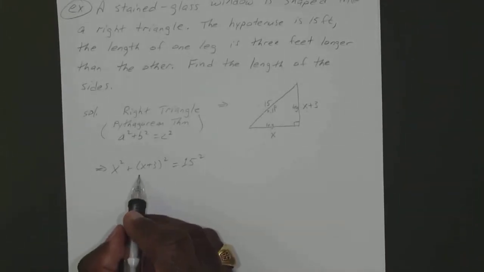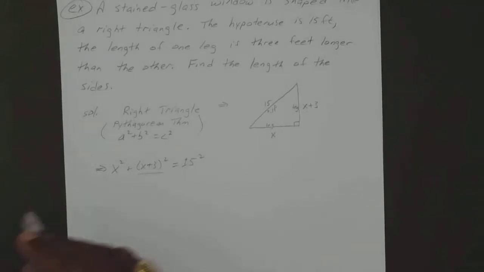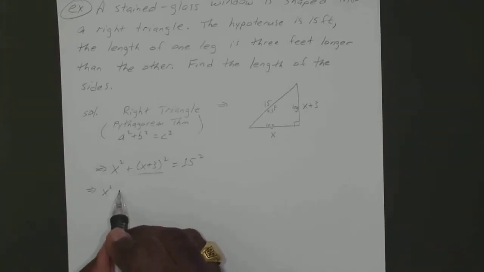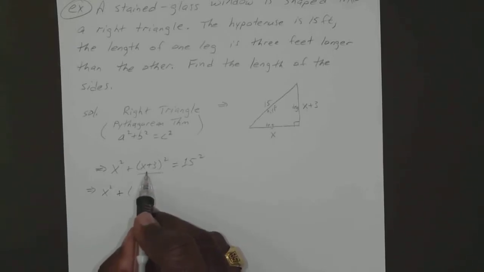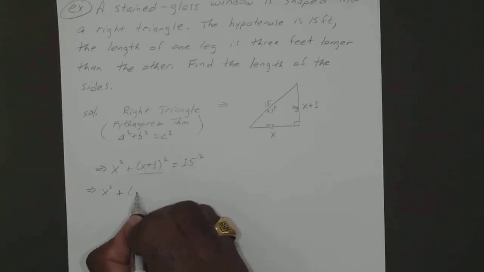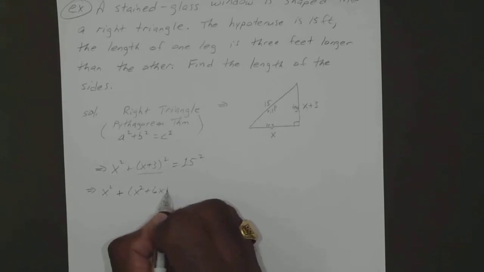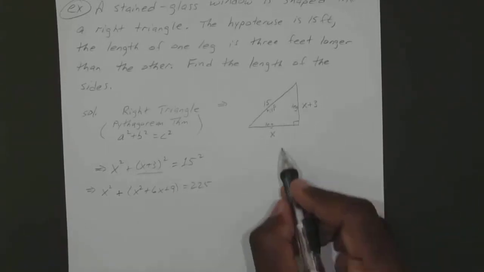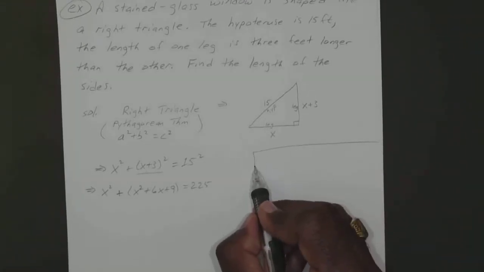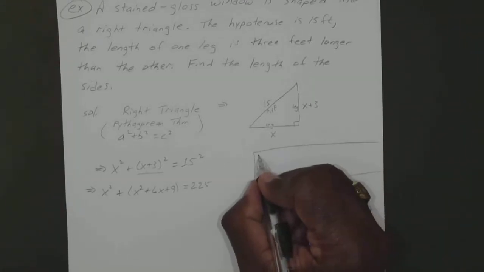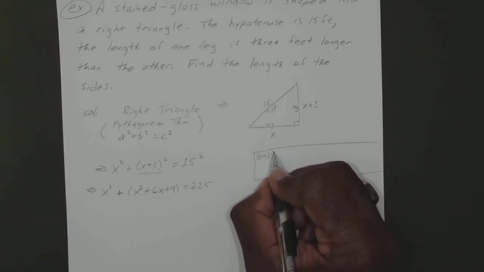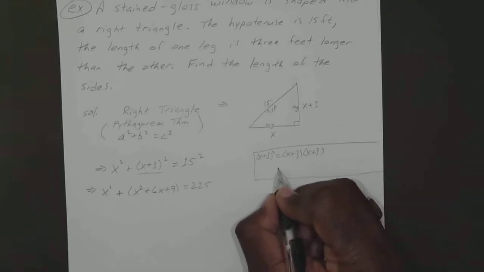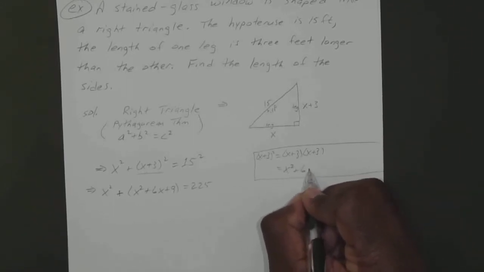Okay, so if we expand this one, that gives us x squared plus x squared plus 6x plus 9 equals 225. And a little side note for that one: (x plus 3) squared equals (x plus 3) times (x plus 3), which is x squared plus 6x plus 9.